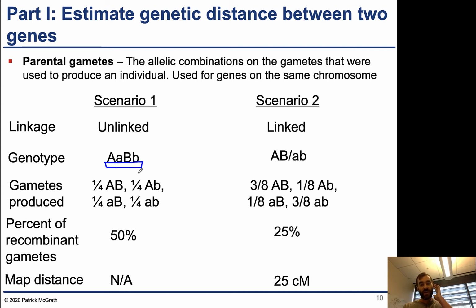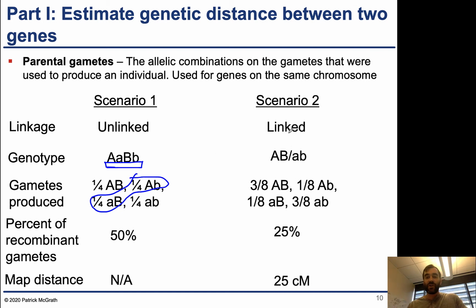So the number of recombinant gametes would just be adding up the two recombinant gamete frequencies, and you get a total of 50%. So the map distance, you wouldn't actually calculate this for genes that are unlinked. You would only calculate this for genes that are linked, but that would be approximately 50 centimorgans because 50% of the gametes are recombinant.